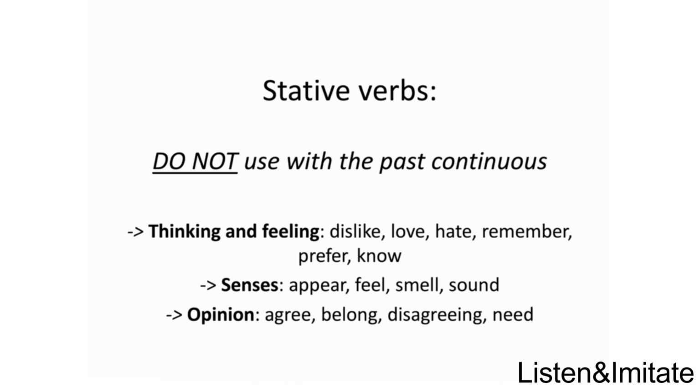Equally, just like with the present continuous, we do not use the past continuous with stative verbs, which are verbs of thinking and feeling, of senses, or of opinion. We never use these verbs with continuous tenses, whether that may be the past, the present, or the future.